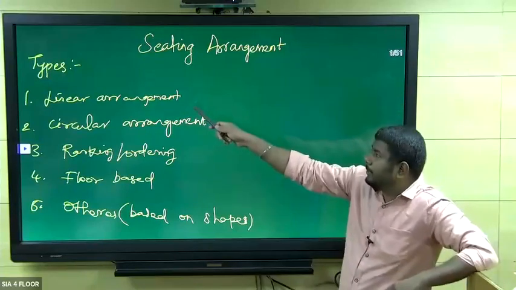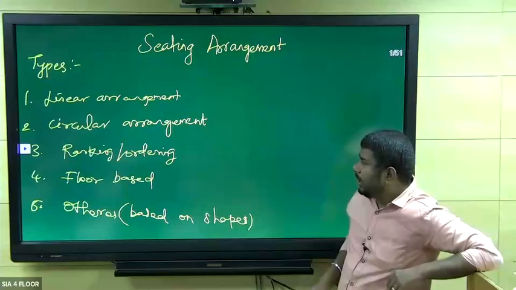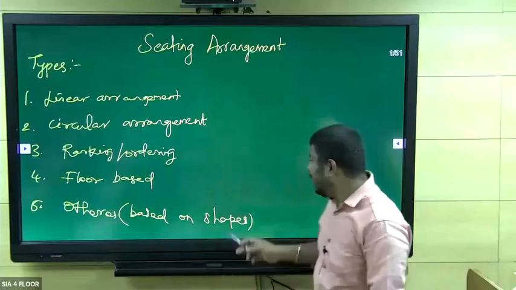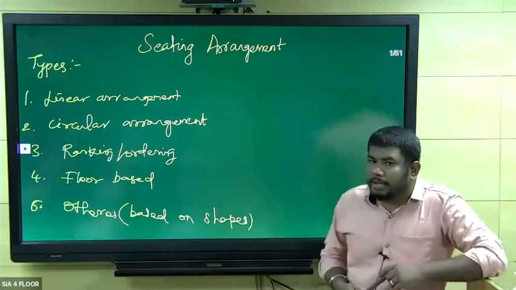First type is linear arrangement, second one circular, and third one is ranking, ordering. Fourth one is floor-based questions, and fifth one is others, based on shape.